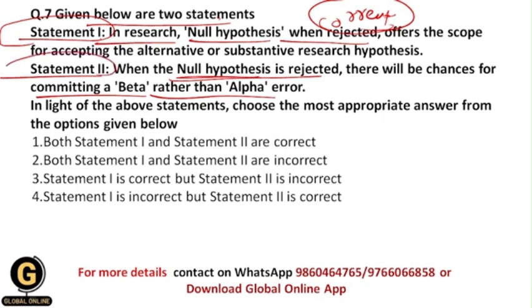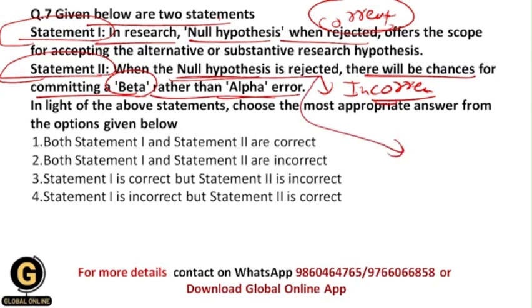And that's why this statement is correct. But the second statement states that whenever we reject the null hypothesis, then there will be chances for committing a beta error rather than alpha error. But this statement is incorrect because as we have seen earlier in this video, whenever we reject the null hypothesis, there will be chances for occurring type 1 error, not type 2 error, because within type 2 error we accept the null hypothesis, we don't reject it, and the probability of occurring type 1 error is itself what?